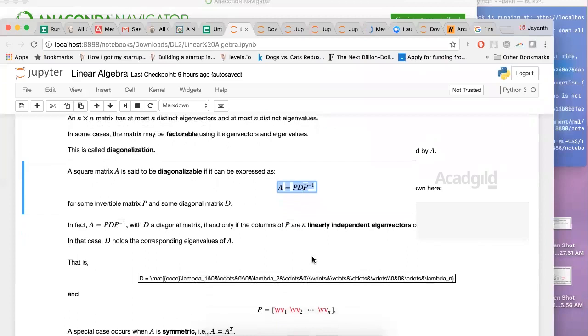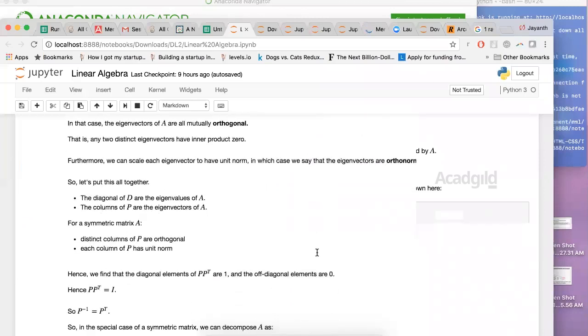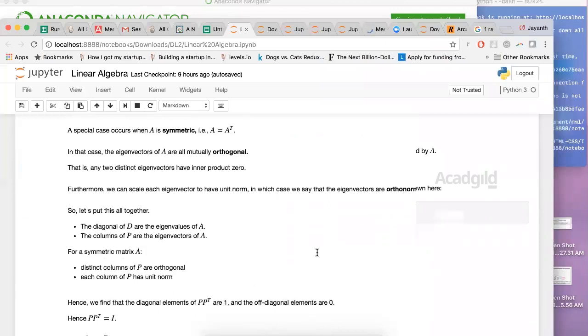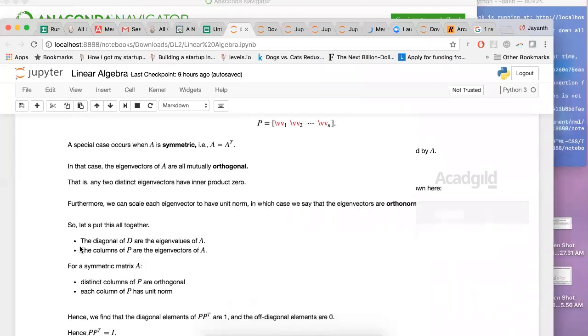But the underlying concept is you have a small matrix. I multiply it with some magical matrix, which is called the eigen matrix. All it does is it stretches that. Perfect.